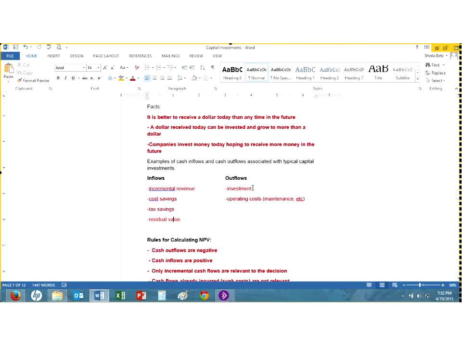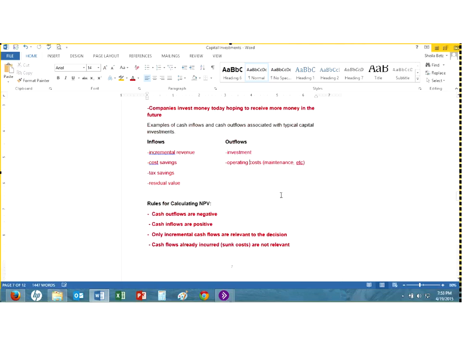Then outflows would result in the actual price we pay for the investment and for any operating costs, if we had maintenance costs in regards to the coffee machine, etc. So let's talk about some rules for calculating net present value. When we do cash outflows, we're going to show them as a negative. Cash inflows are positive, very similar to your statement of cash flows.